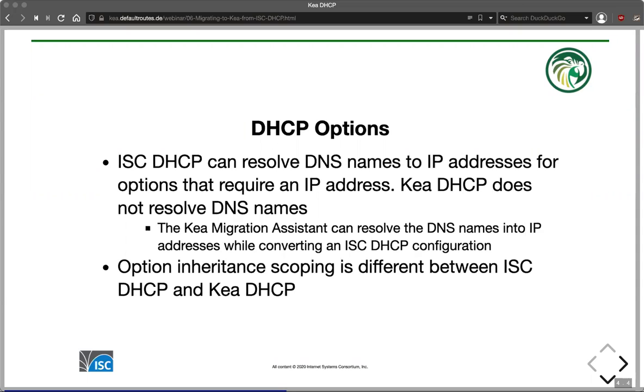We have covered this in the third webinar of the series when we talked about client classification and option inheritance. And if you are looking for more information, you can either go there, or there's a good article in the ISC knowledge base on client classification that talks about the option inheritance as well.